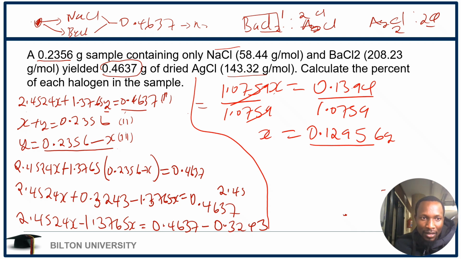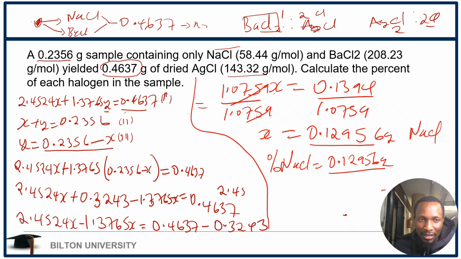0.12956 gram. So since we are told to calculate the percentage, the percentage of sodium chloride will be the mass of sodium chloride that you have got, 0.12956 gram, divided by the mass of the sample, which is 0.2356 gram, times 100.